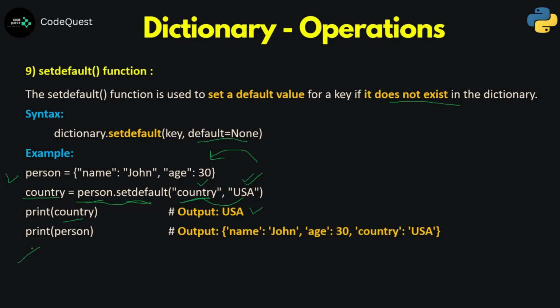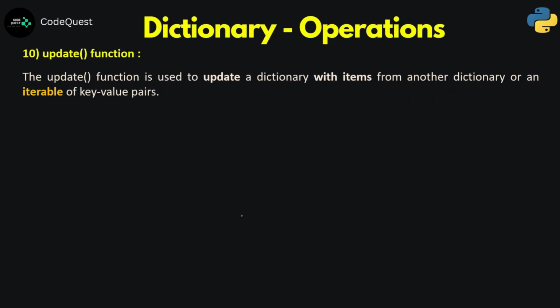But when I'm printing the dictionary altogether, you can see apart from these two, we also got this new element that is added here. So set default is going to set a default value if at all the key is not available. And just like I said, it is another way of adding a new item to the dictionary.